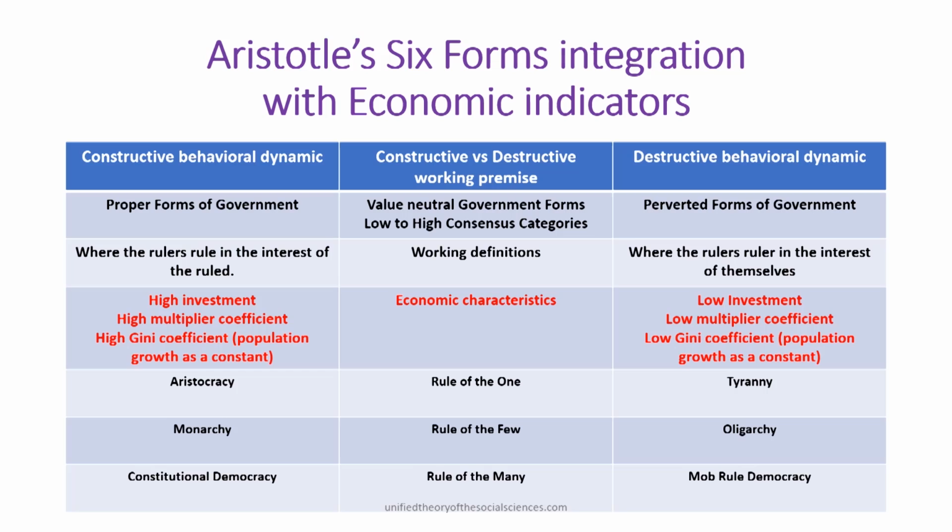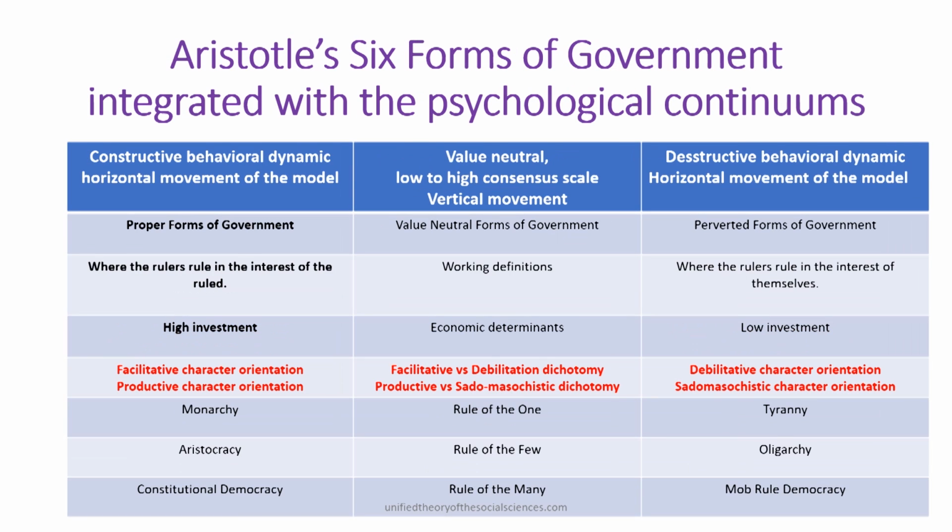In the perverted forms, where the rulers rule in the interests of themselves, they typically have low investment, low multiplier coefficients, and low Gini coefficients, and are tyrannies, oligarchies, and mob rule democracies, which degenerate quickly into oligarchies and tyrannies. So the consensus scale rises and falls with investment.